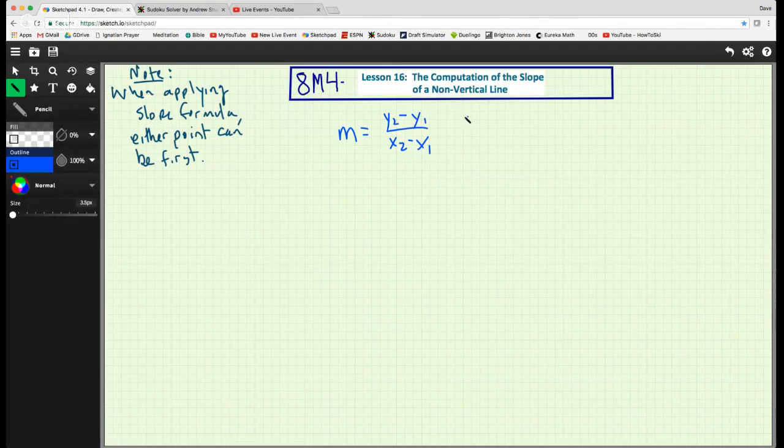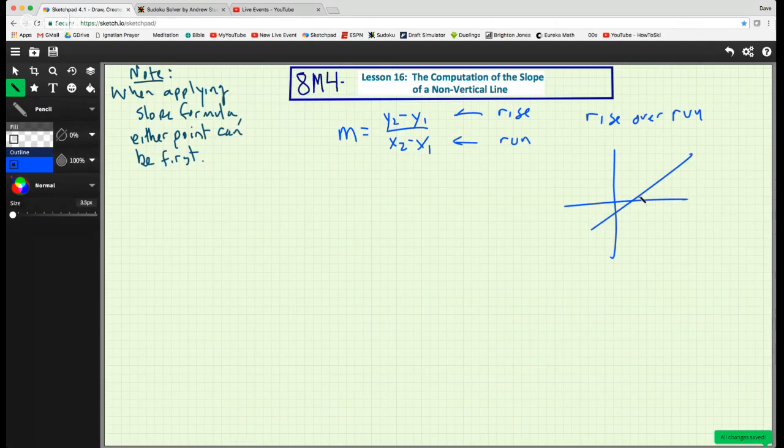Now remember, you can always remember the y is on top because that's the rise. If you can remember the phrase rise over run, it's alphabetical by the way, rise comes before run, you can always think about if you take your 2 points, you're going to find the rise over the run.